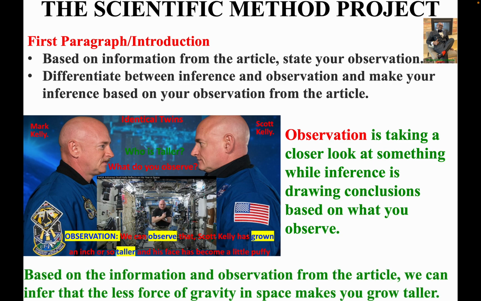Based on information from the article and also our observation, we can infer that the lesser force of gravity in space makes you grow taller, because there is little force of gravity in space compared to on Earth. That's the reason why Scott Kelly grew an inch or so taller compared to his identical twin brother who stayed on Earth. So we are done with paragraph 1.